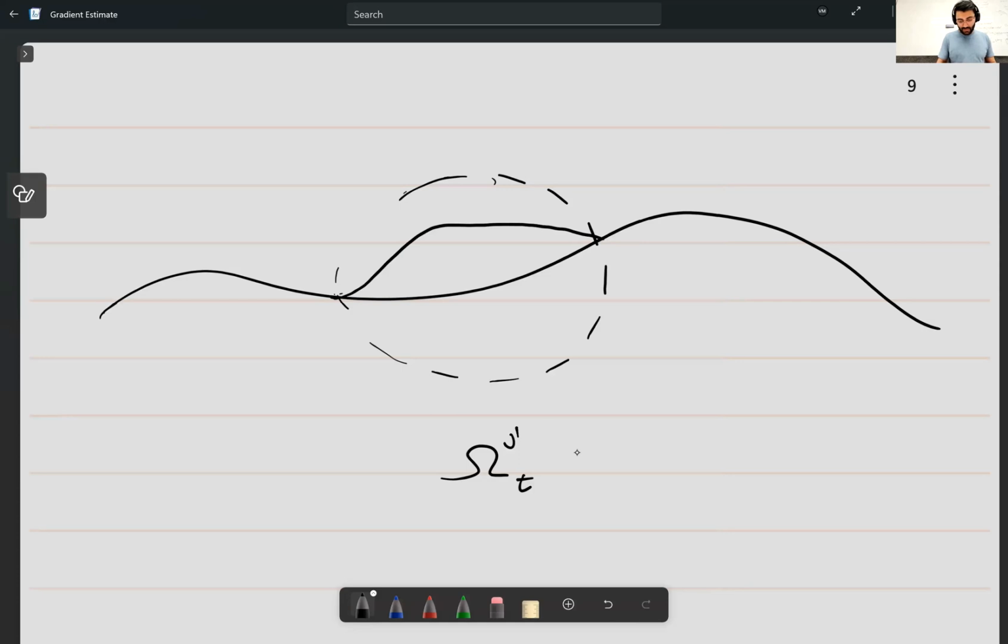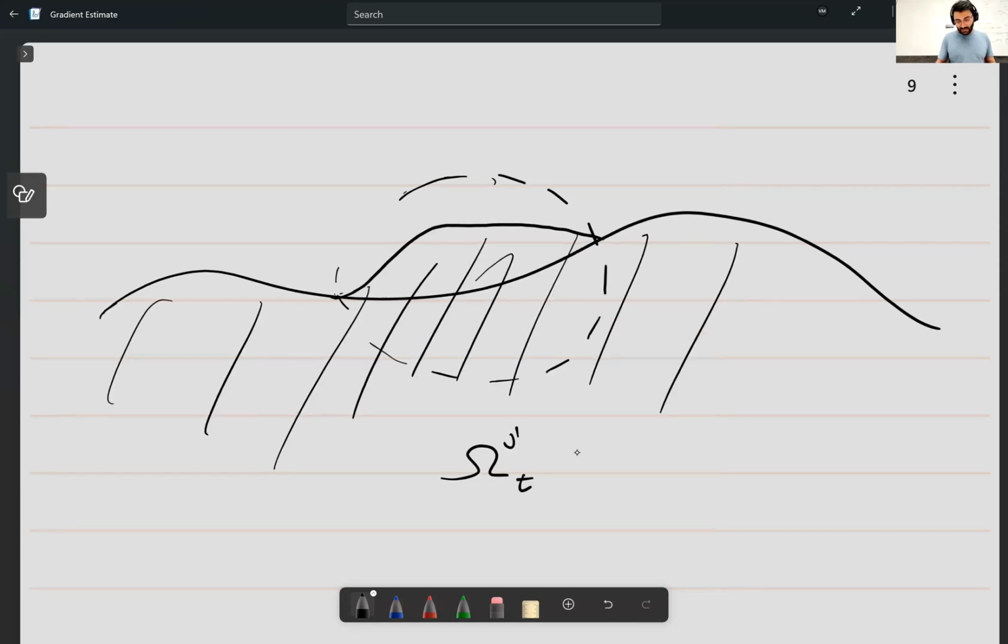So K is this part, and Omega is this part.